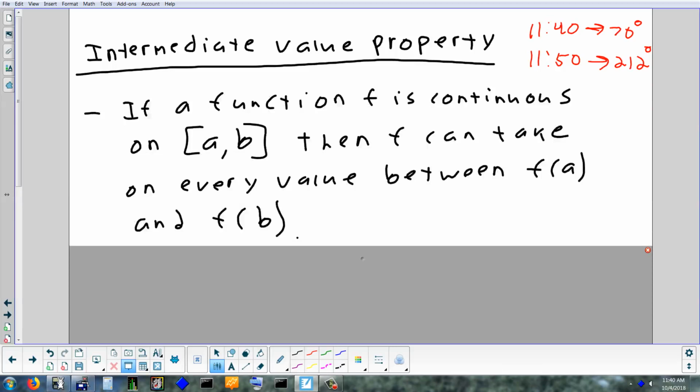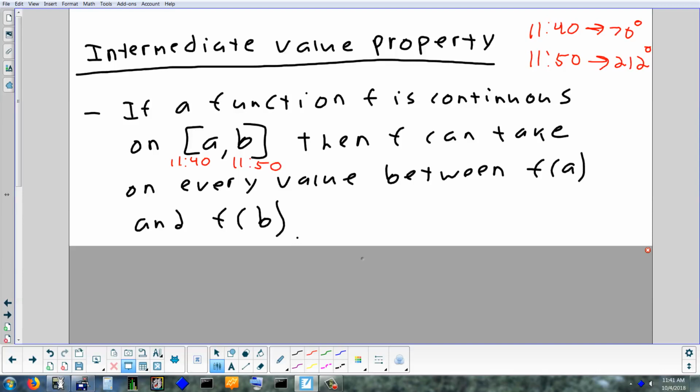So if you have a function that is continuous on an interval, so just to tie it in with the temperature problem, our interval was a 10-minute interval from 11:40 to 11:50. You don't have to write this down, I'm just trying to show you. So our starting point was 11:40, our stopping point was 11:50.